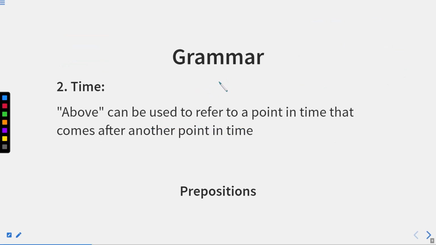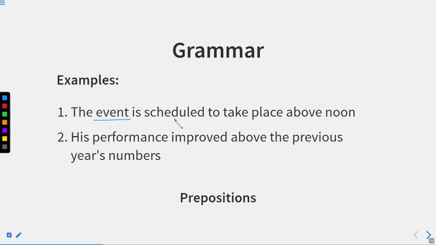Now, another use of preposition above is to show the time. How? Above can be used to refer to a point in time that comes after another point in time. For example, the event is scheduled to take place above noon.